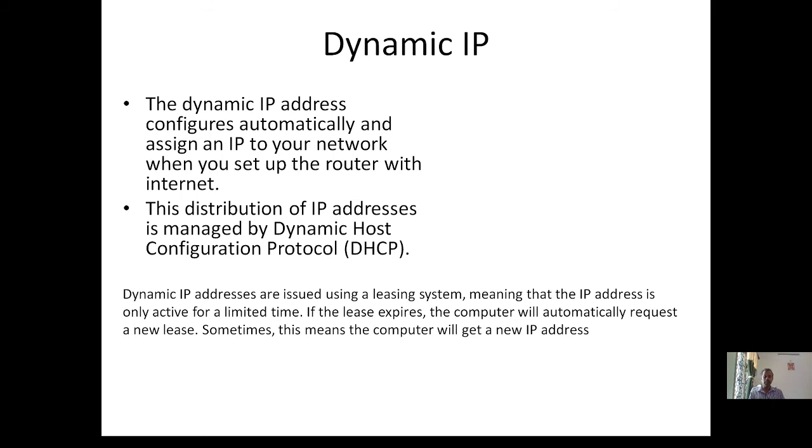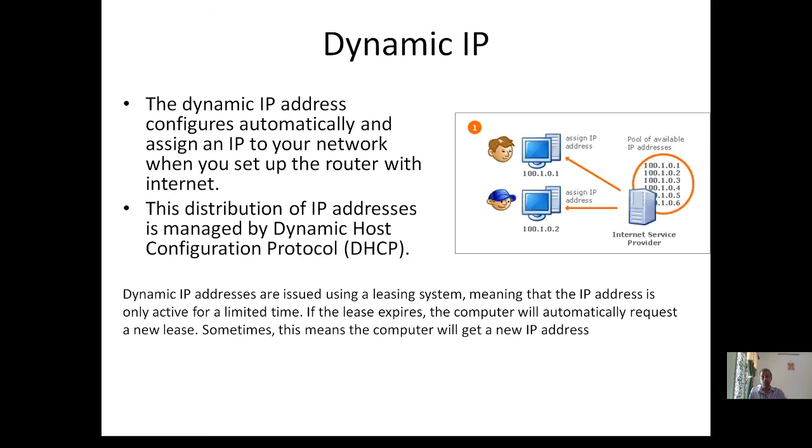This dynamic IP address is active for a limited time. When you cut off your internet connection, this dynamic IP address expires. When you again take an internet connection, you get another dynamic IP address. The first IP address and the second IP address are not the same. They are dynamic, that is, they change.